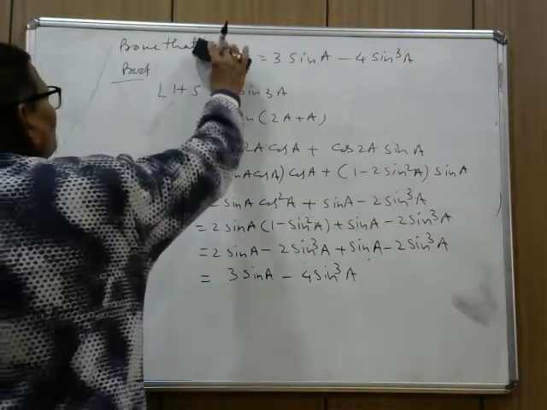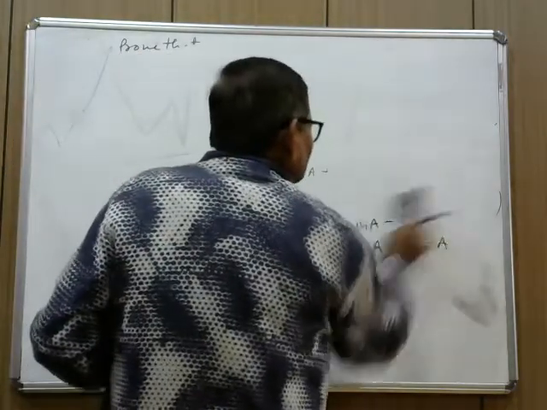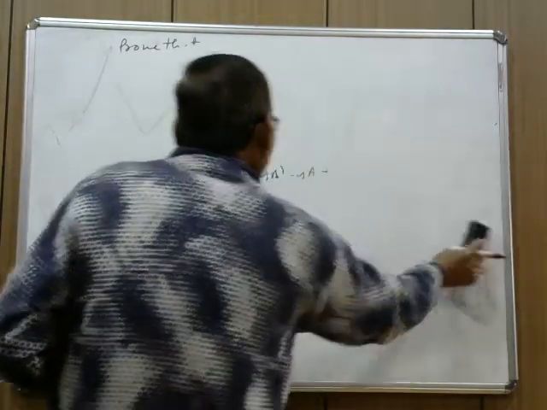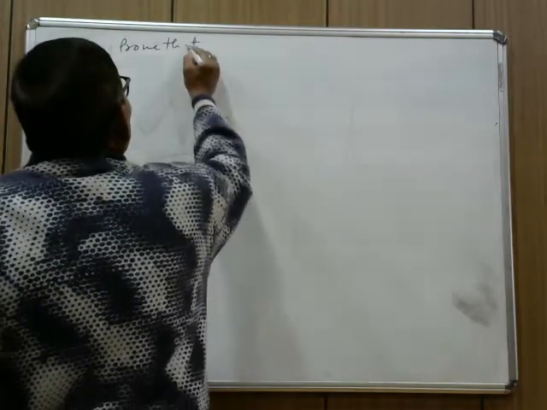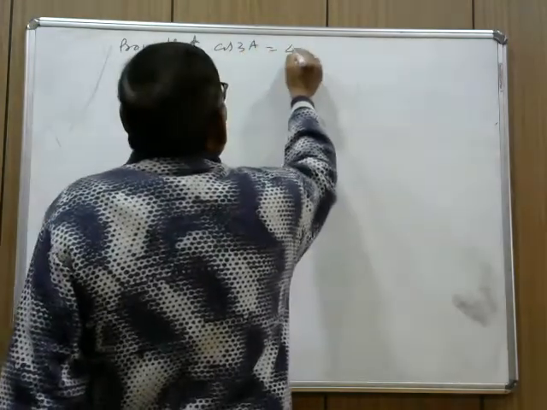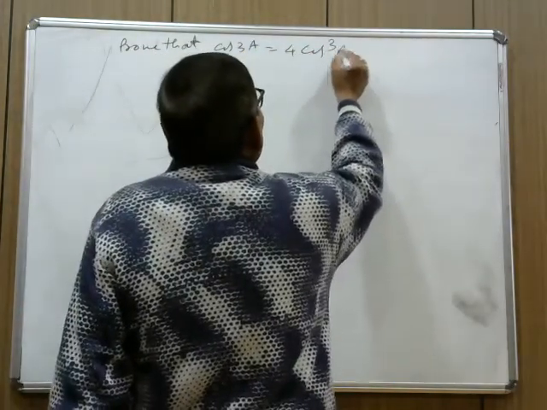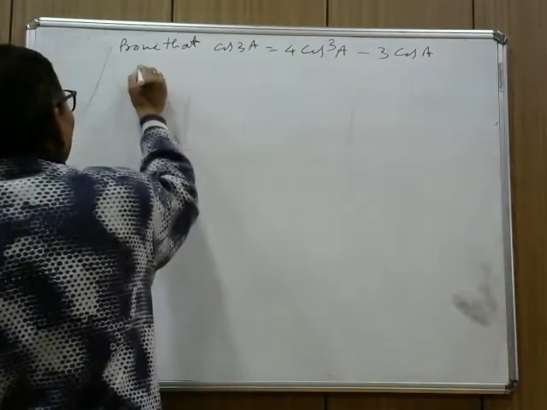Now prove that cos 3A equal to 4 cos cube A minus 3 cos A. Proof.